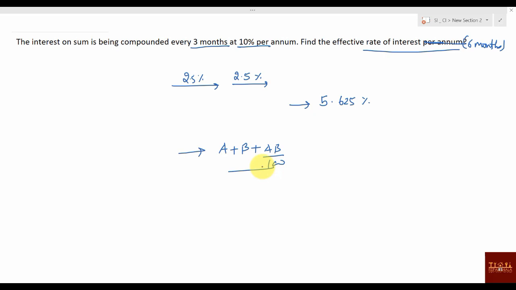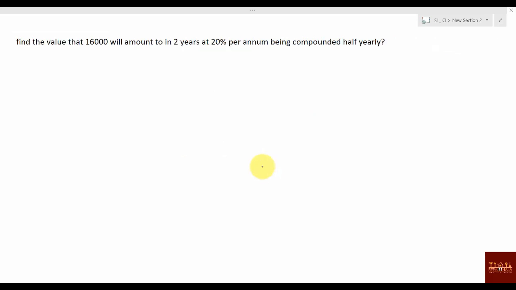Now let's check another question. Okay. Find the value that 16,000 will amount to in 2 years at 20% per annum, being compounded half yearly. Being compounded half yearly means this will become 10% for 6 months. So in 2 years, it means 10%, 10%, 10% and 10%.